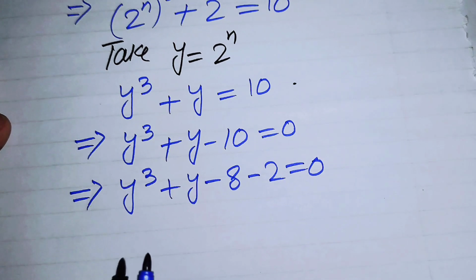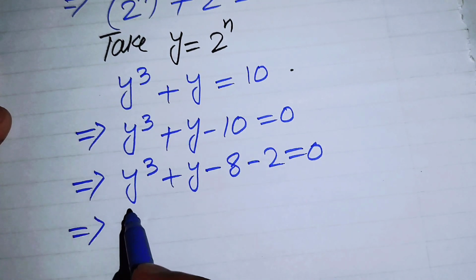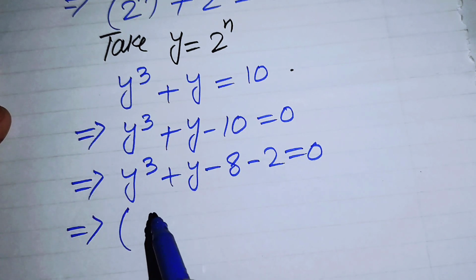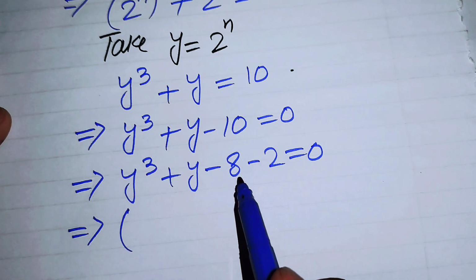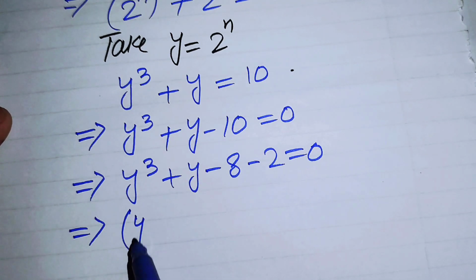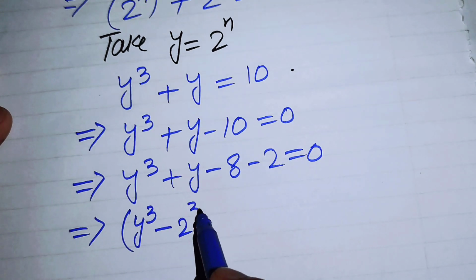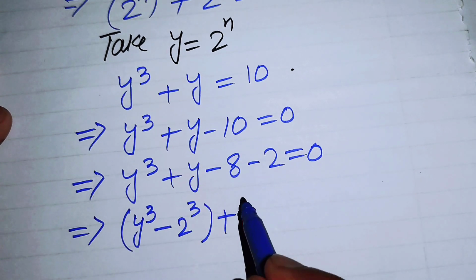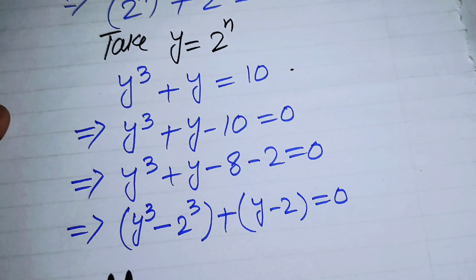Now we make the factors of this equation. I can make the pairs of cubic terms. Here you have minus 8, and we can write it as 2 power 3. So I can make the pair of y cubed with 8, which is 2 power 3, and the remaining terms are y minus 2 is equal to 0.